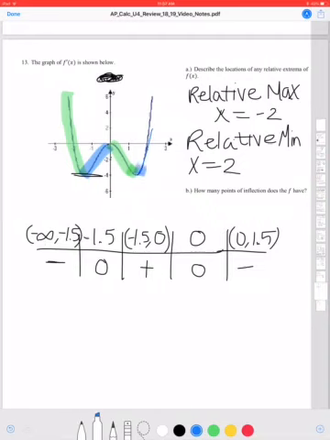Alright. And then a positive slope from 1.5 to infinity.